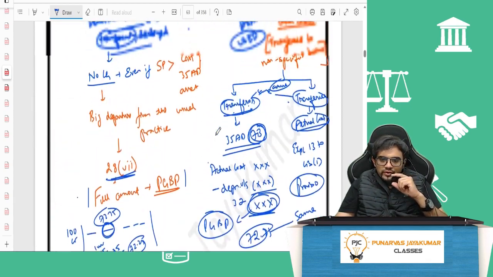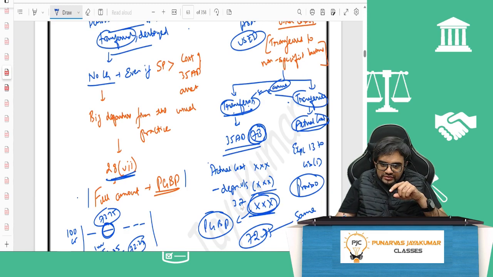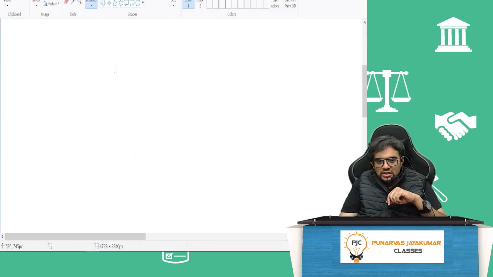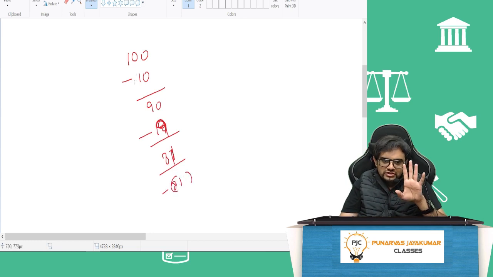Very important point. If they ask you, when I'm calculating this depreciation, let us assume I have a 100 crore asset. First year I will deduct 10, just an example, so 90. Next year I deduct 9, so 81. Next year I will deduct 8.1. 10%, assume, just an example.